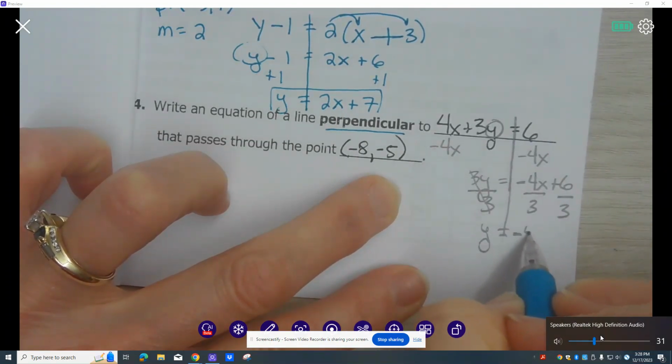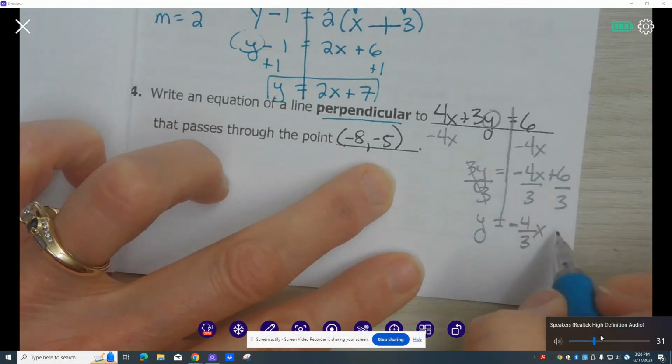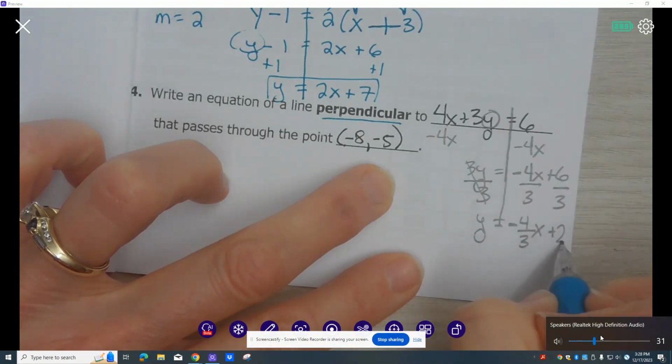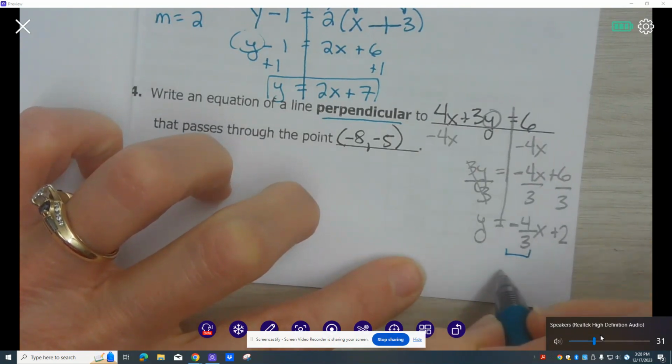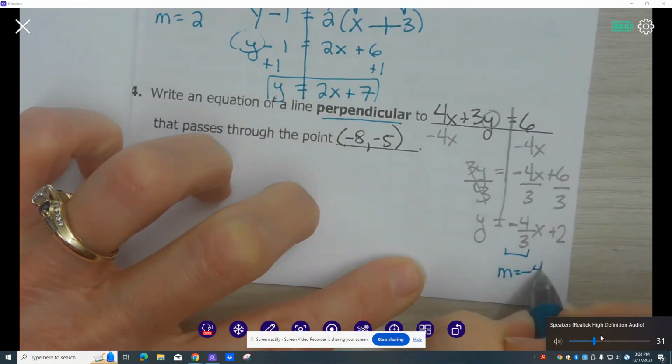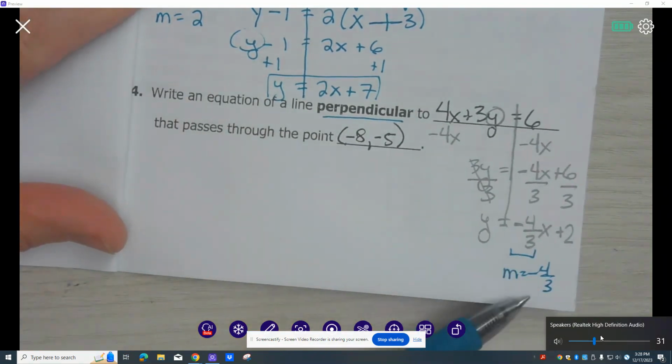Just leave that just like this. Negative 4 on the top, 3 on the bottom, times x, that's your slope, plus 2. Okay, now the slope of my given line is negative 4 over 3. So the slope for my new line will be the opposite reciprocal of that.